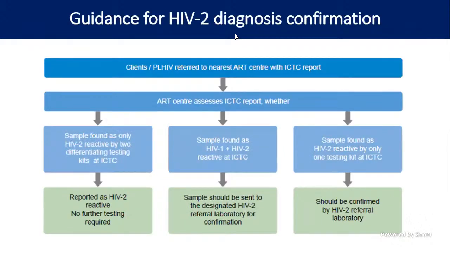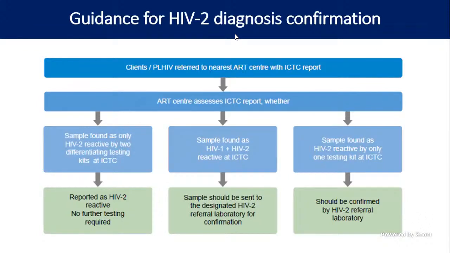So we saw earlier how we were diagnosing patients with suspected HIV-1 infection, but HIV-2 infection needs to be confirmed. So let us look at how we confirm the diagnosis of HIV-2 in a patient. Suppose a client is referred to the ART center with an ICTC report. The first thing the ART center medical officer should do is to look at that report and assess what it says.